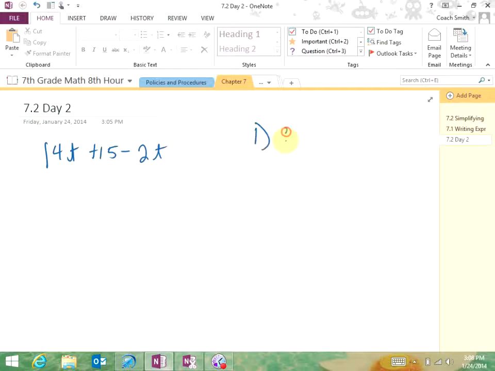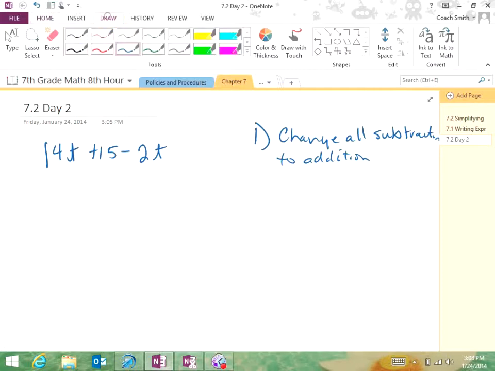First step, change all subtraction to addition. So, in this problem, we're going to take 14t plus 15, change that to addition, do the opposite of 2t, which is negative 2t.